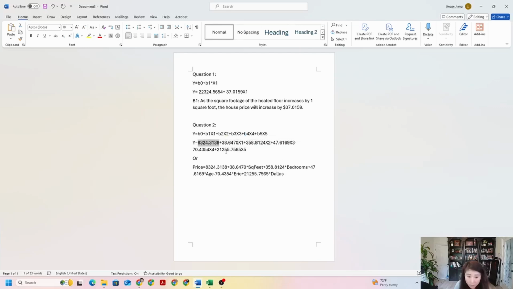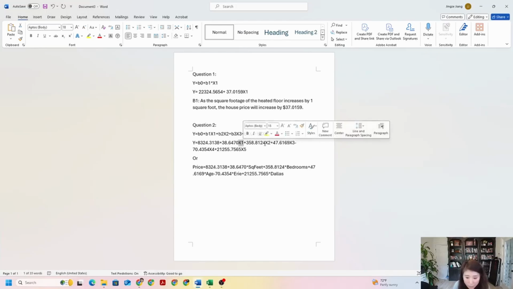Okay, so now let's work together. How can we interpret it? In our lecture we talked about how the partial coefficient is pretty much the same as in the simple linear regression model. It's about if x increases by 1, how y will change. However, you need to add one extra statement: keep the other variables unchanged, or in economics class we call it ceteris paribus. So we are interpreting x1's partial coefficient, 38.647.